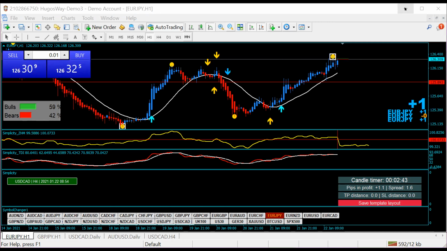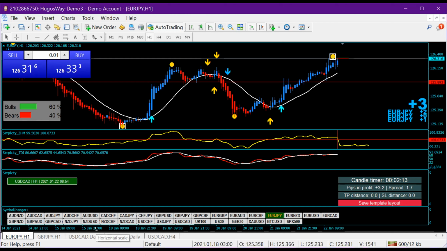Does anybody have any concerns or questions about taking the signals or getting the alerts through the indicator? Any questions about that I need to go over? If so, unmute yourself or put it in the chat.